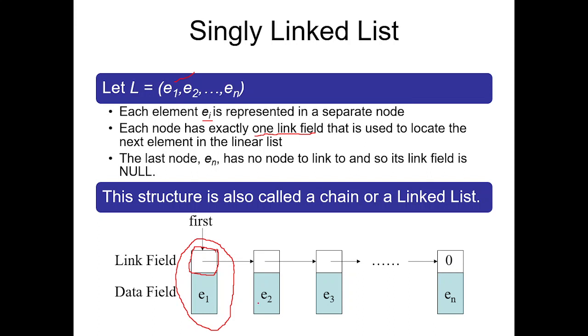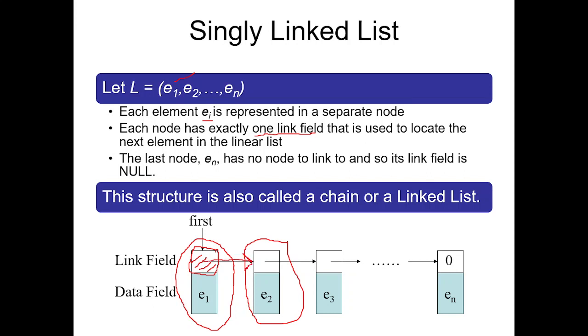So after E1 we have the node E2. Now the information that after E1 we have the node E2 is stored in the node E1. Okay, so we have a pointer here. This variable is a pointer, and it stores the address of this node E2. The address of this node is stored here, so that's why we have a link from E1 to E2.